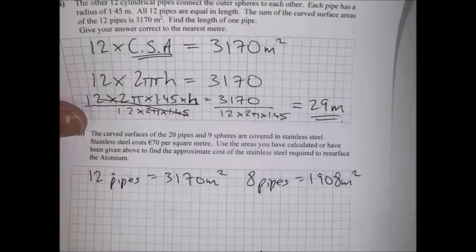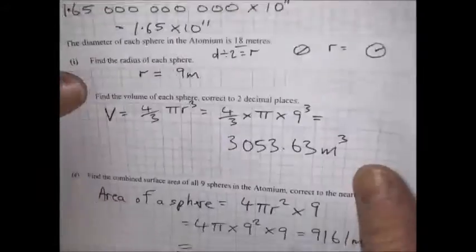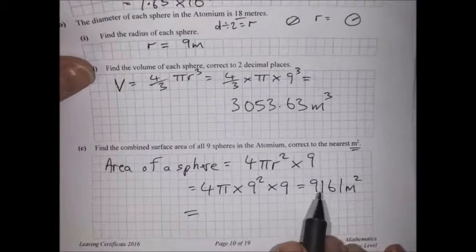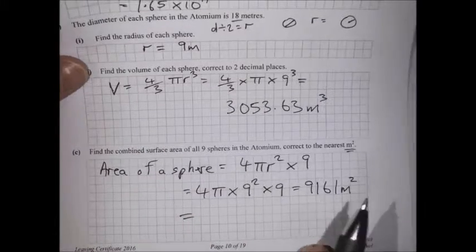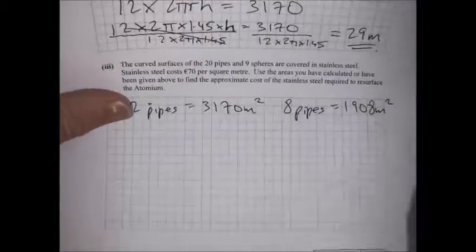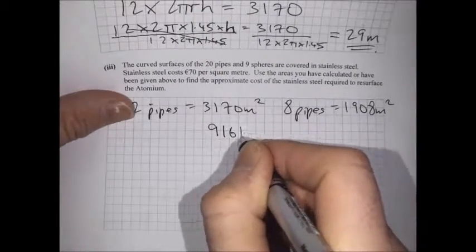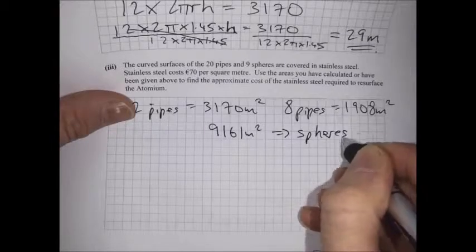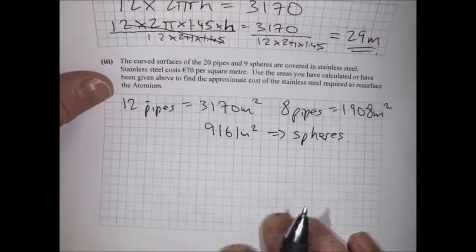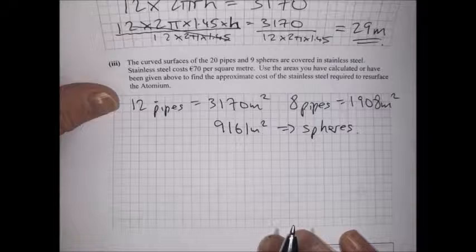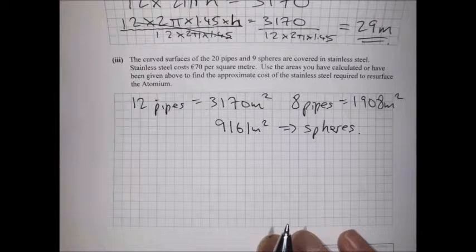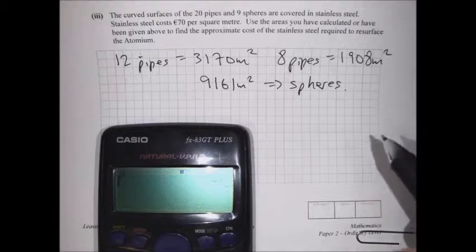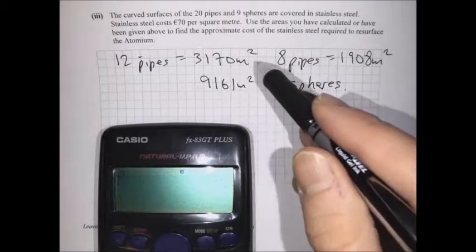So these are the surface areas. And then we had the spheres. The combined surface area of all 9 spheres, we worked that out to be 9161. So we had 9161, and this was the surface area of all the spheres. So this is the total surface area. So we'll add these 3 figures together. So to work out the total area, we'll just add these 3 figures here together.